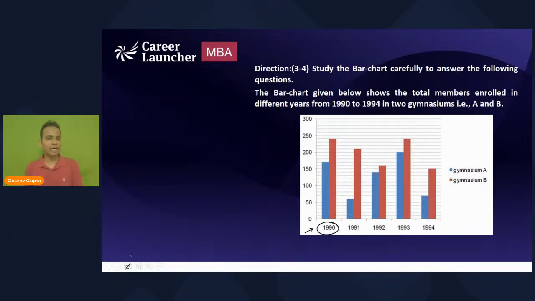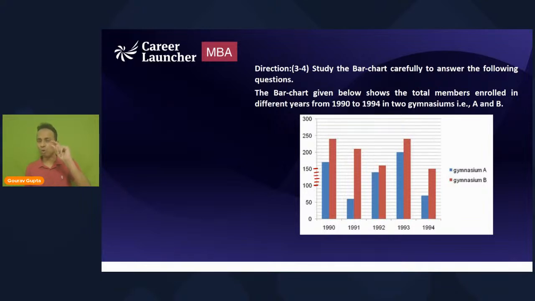So let's understand how to pick up the values. As you can see on the y-axis, I have the markings 50, 100, 150, and so on. Now let's pick up two consecutive markings, 150 and 100. Between this, it is divided in how many parts? 5 parts. So 100, 110, 120, 130, 140, and 150.